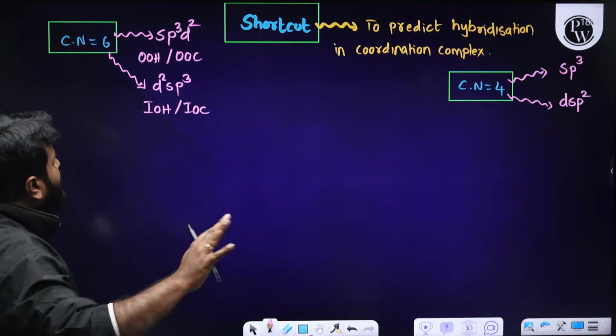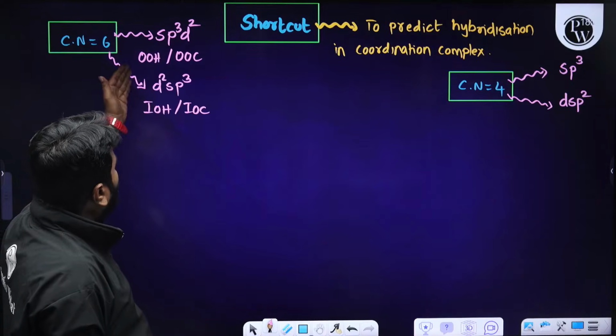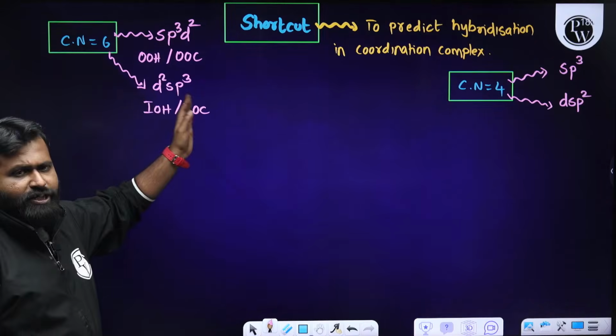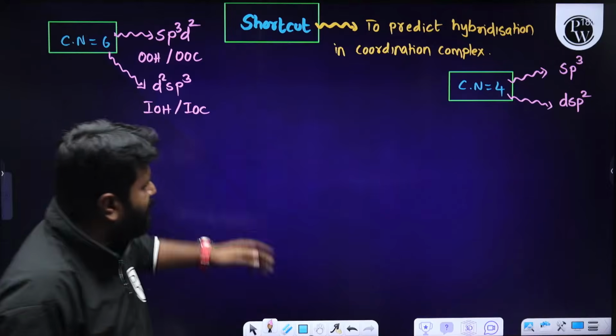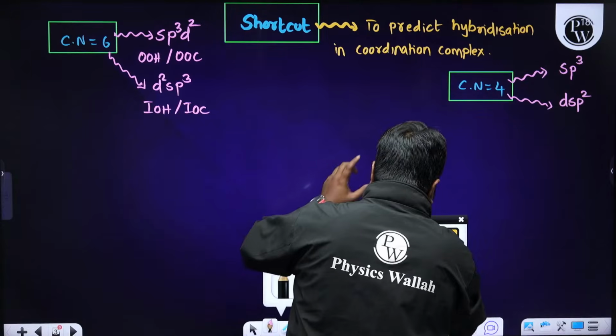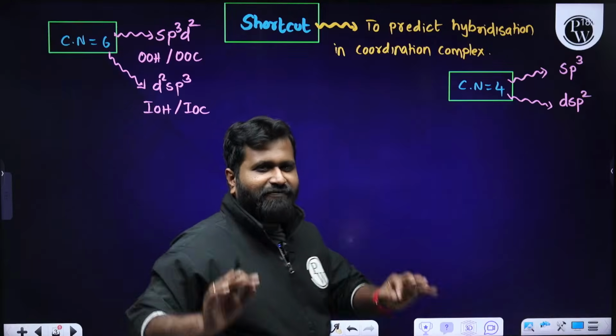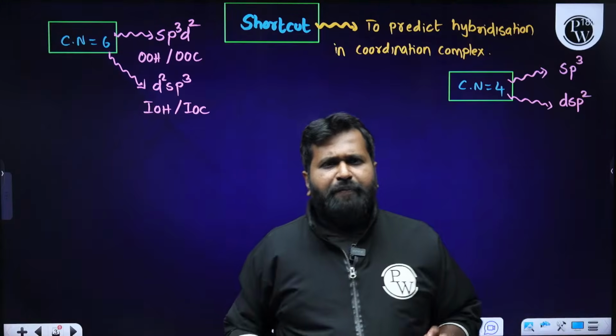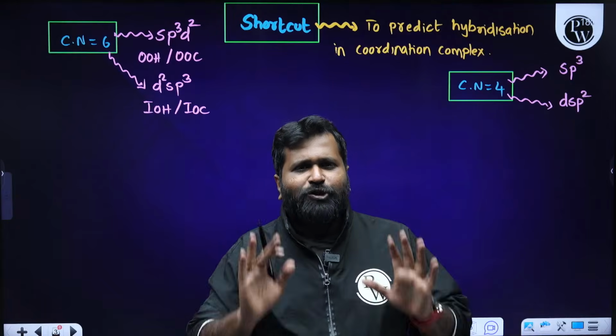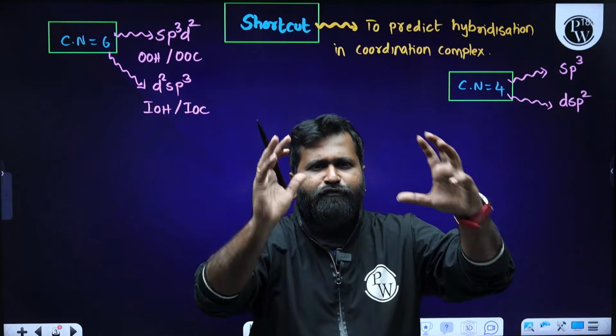Clear? Now, sp3d2 means outer orbital hybridization, d2sp3 means inner orbital hybridization. How to find out? Sir, you said shortcut, but you are teaching theory. Wait. In a question paper, whoever the question paper setter is, coordination compound means definitely a complex will be given in front of us.